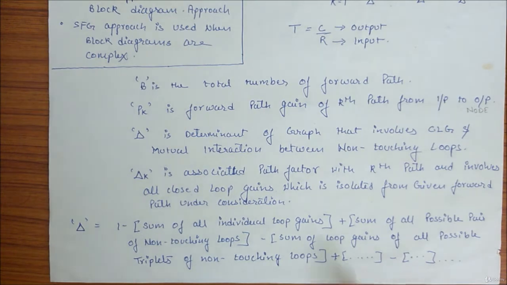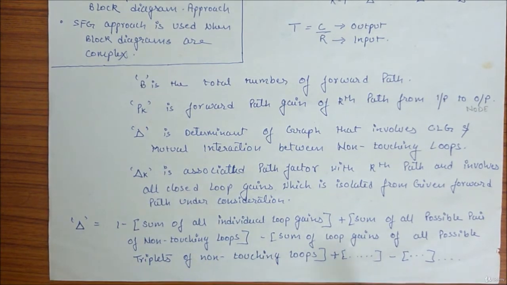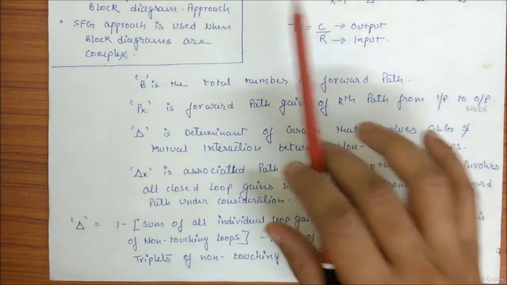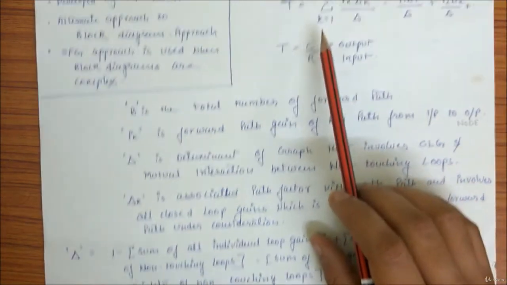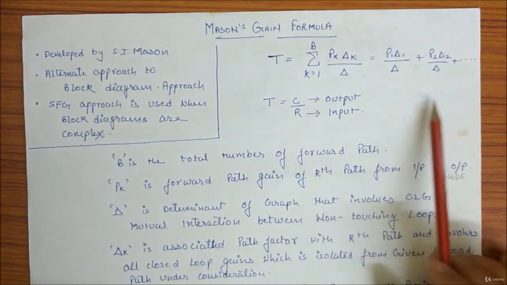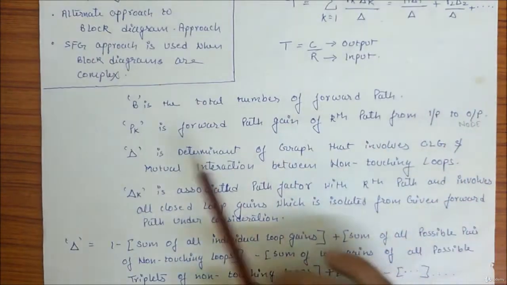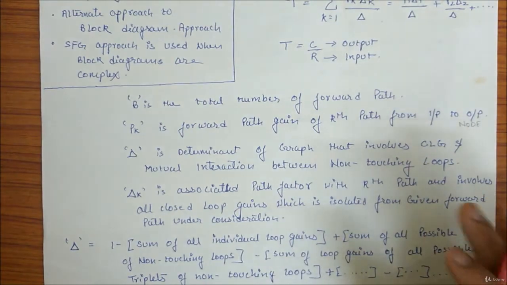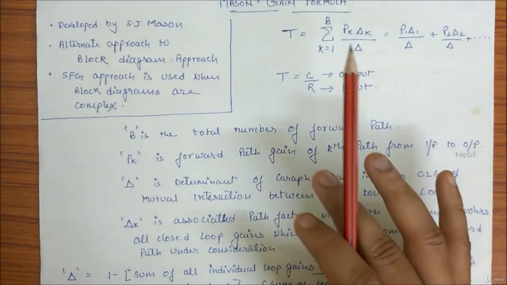Just remember the signs are alternating: minus, plus, minus, plus. So Mason's gain formula is given by this equation, and these are the terminologies. This is the formal definition of Mason's gain formula.